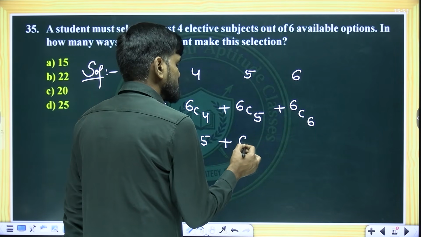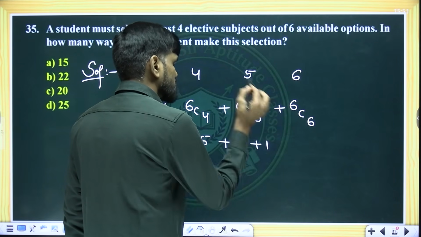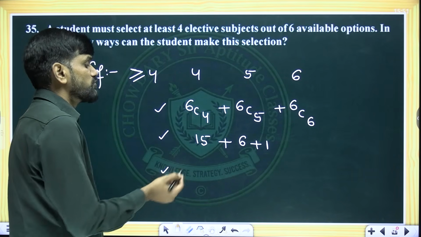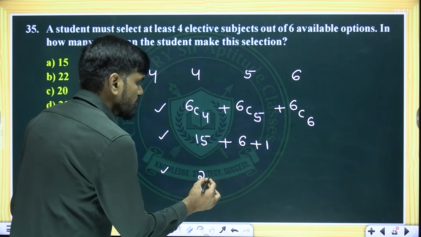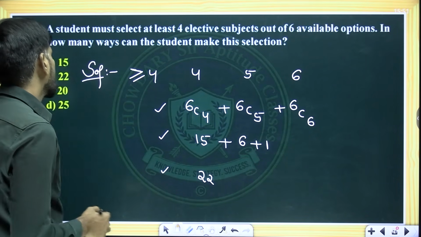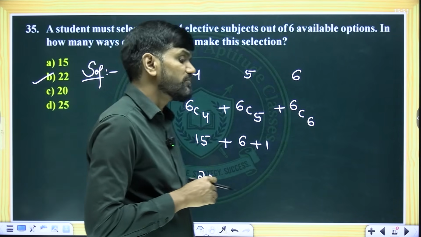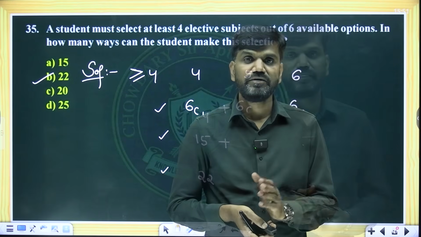That's why it will be 6. Plus NCN is 1. So 6C6 is 1. That's why in total in how many different ways can he choose? 15 plus 6 plus 1. Totally it is adding up to how much? 22 ways. Hence he can choose the electives in total in 22 ways.